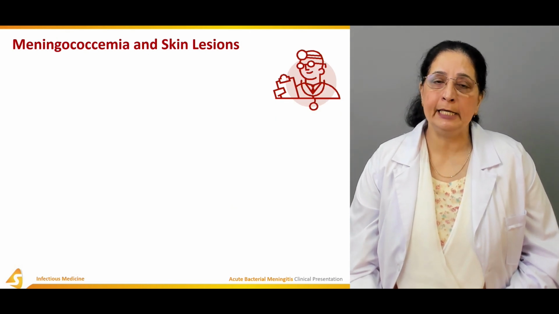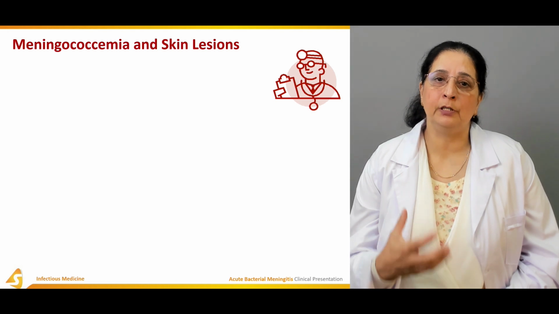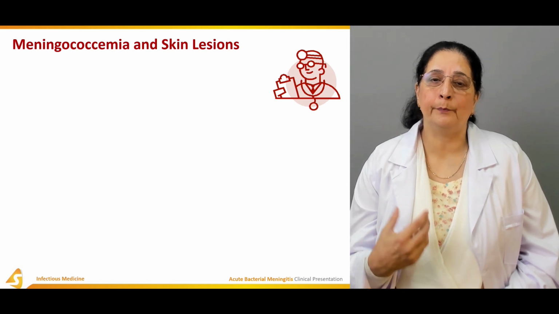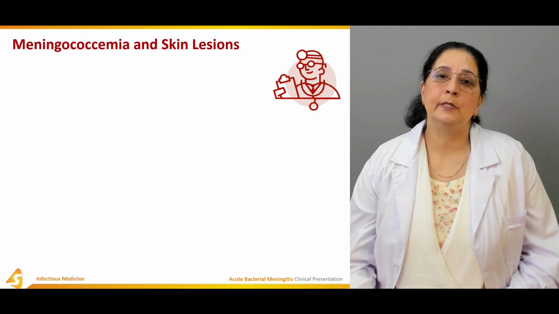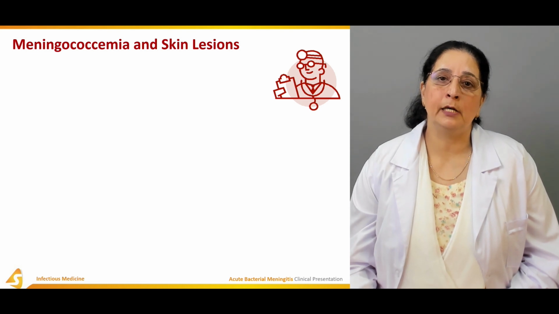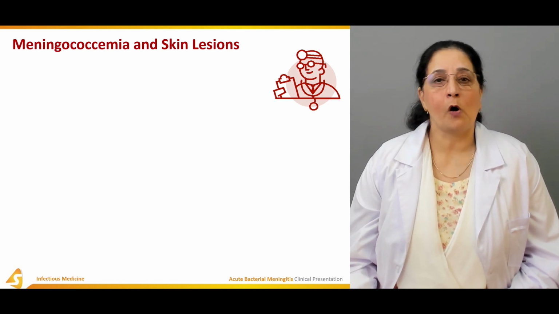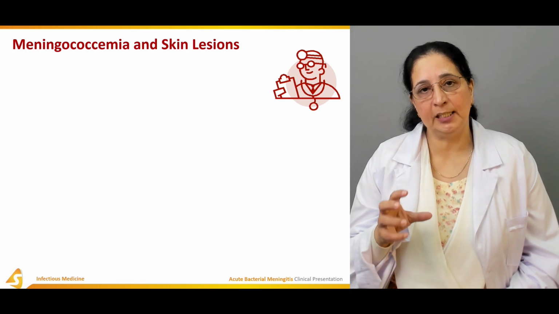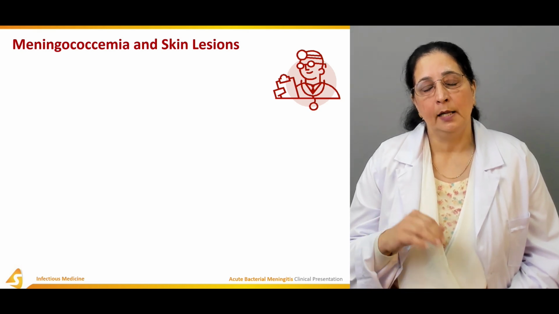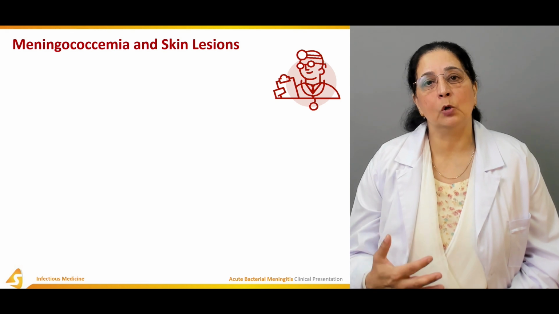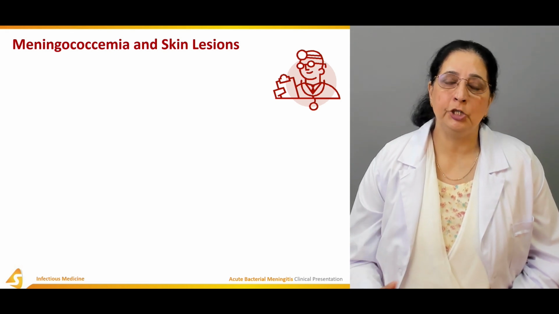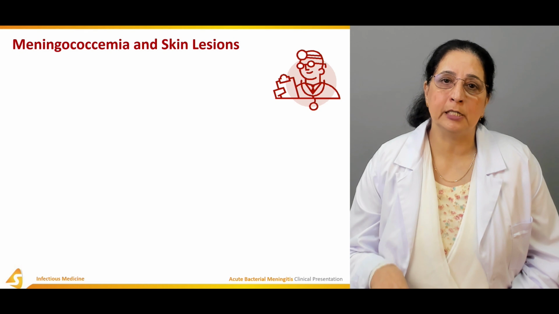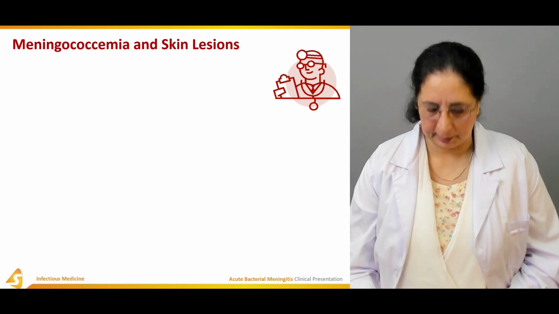Meningococcemia and skin lesions: we already mentioned there are petechiae and a purpuric rash associated with the meningococcal infection. So when the infection reaches the bloodstream, septicemia or meningococcemia, it can lead to, besides the meningitis, also the skin lesions.